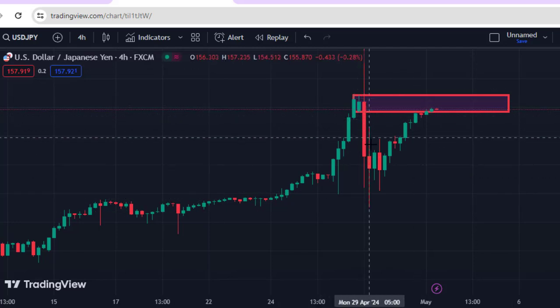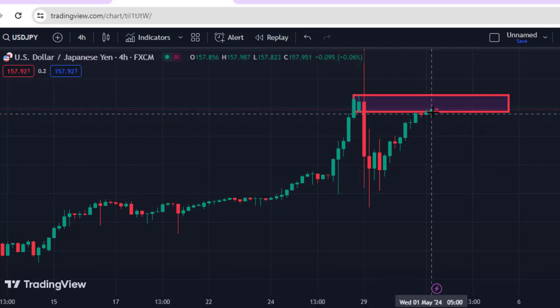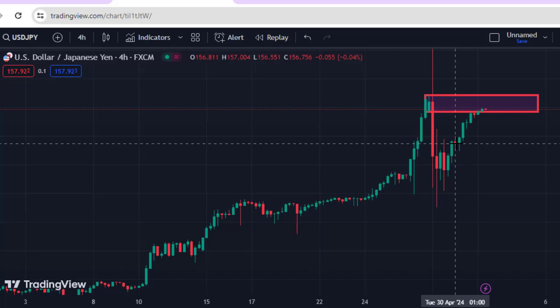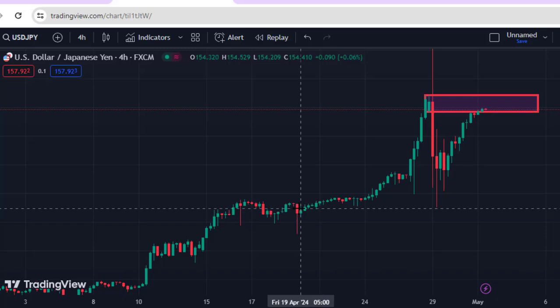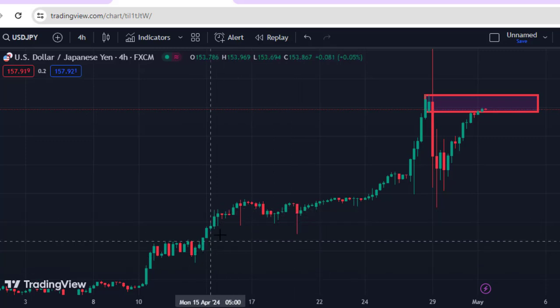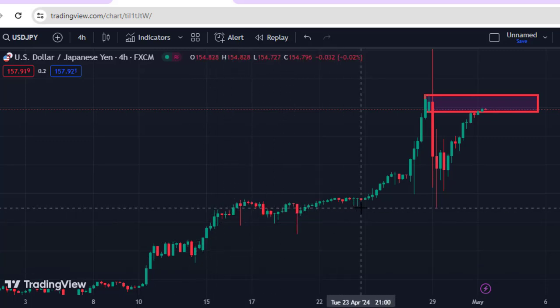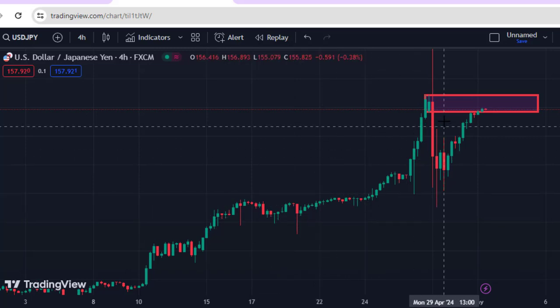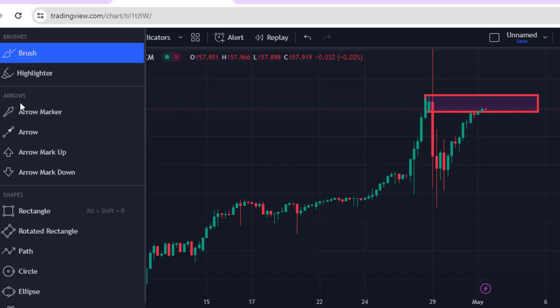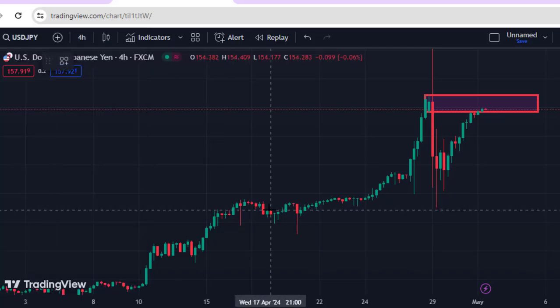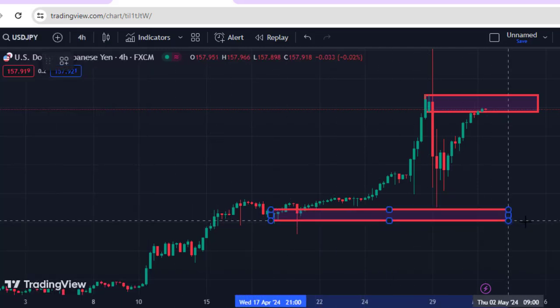Remember, this is just a spike to the downside and a move upward. The initial and most important reference point on this chart is this area where the market moved into and paused for a long time, before beginning to move upward. So this area of important support is the most important point that we see on this chart.